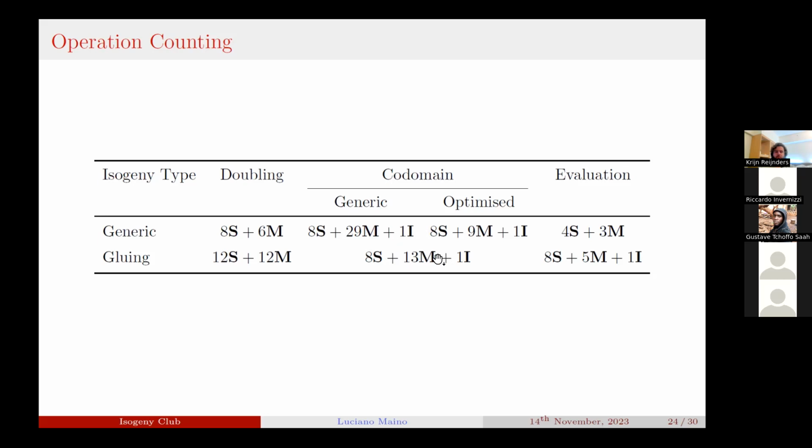You can lower this cost to 8 squares, 9 multiplications, and 1 inversion. And then the evaluation of a generic 2-2 isogeny requires 4 squares plus 3 multiplications.